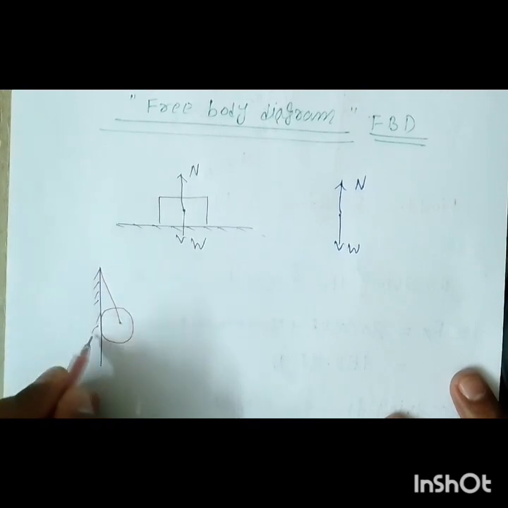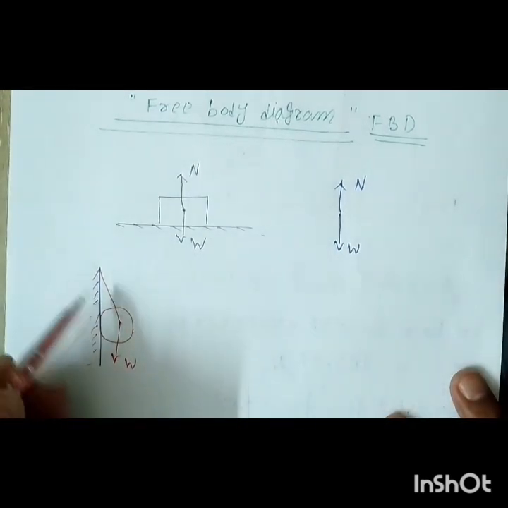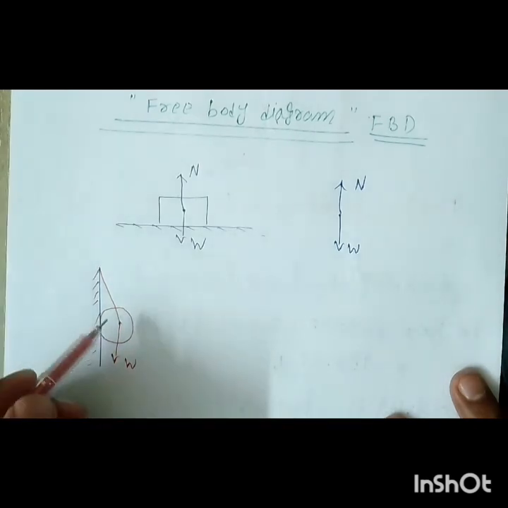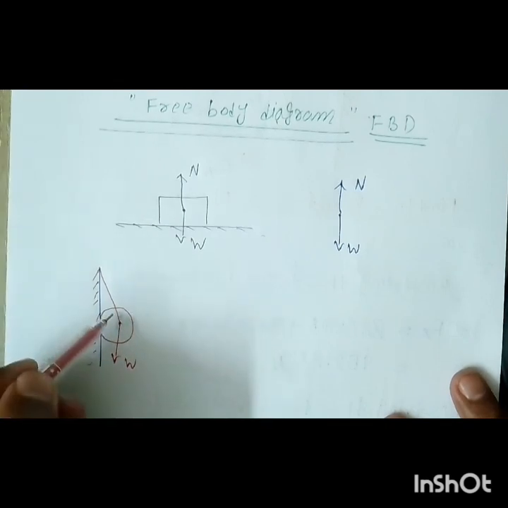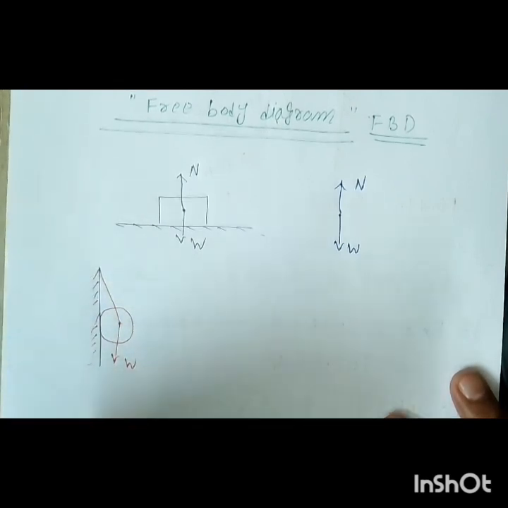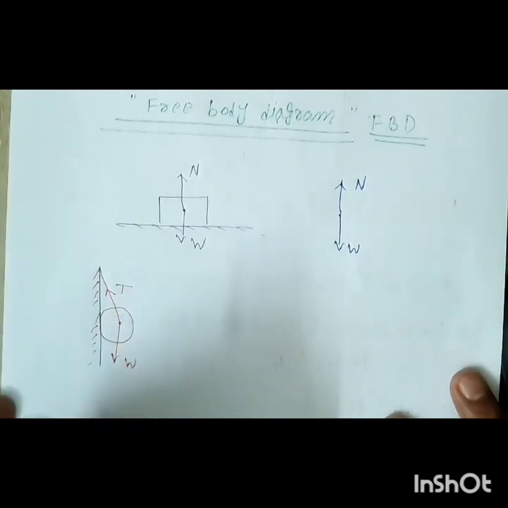The cylinder has some weight, let's say W. Whenever anything is suspended by a rope or wire, tension takes place. Because of this weight there is extension in the wire, and because of that stretching the tension develops. We call that tension T, which is in the direction opposite to the applied weight.